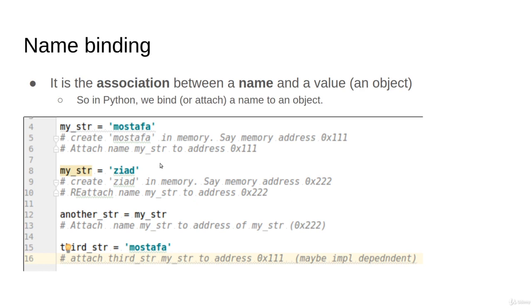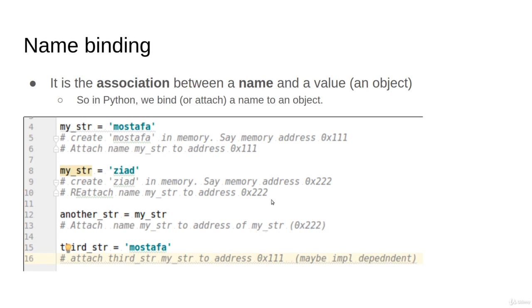Let's create another string and say my_str equals Ziad. The first thing is that Ziad will be created in memory, let's say at 222. my_str is already assigned before, so we are going to reattach my_str to the address 222. Let's assign a new string, another_str equal my_str. The another_str will be attached to the address of my_str, so now 222.